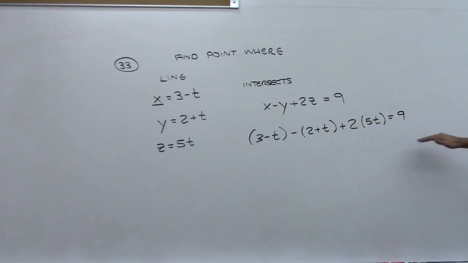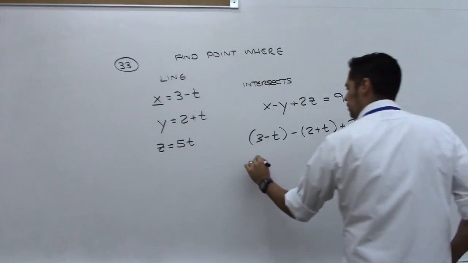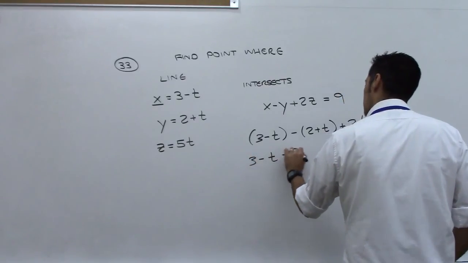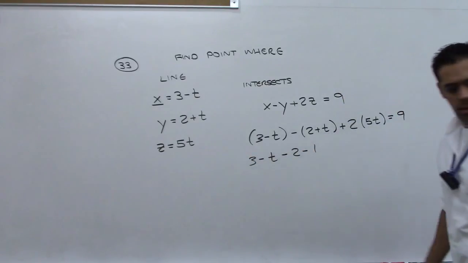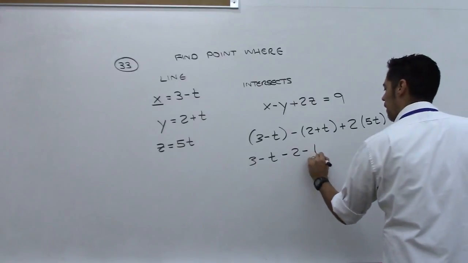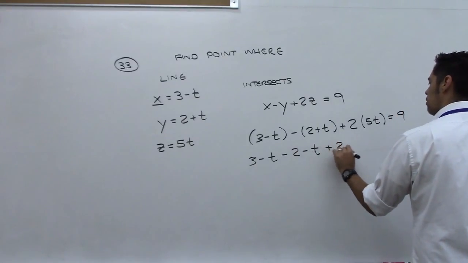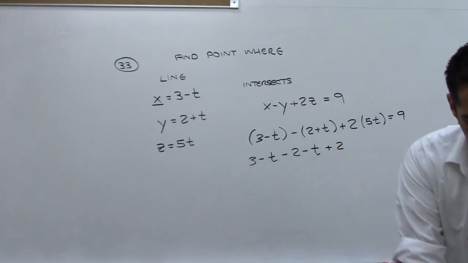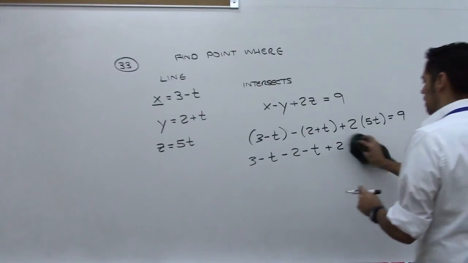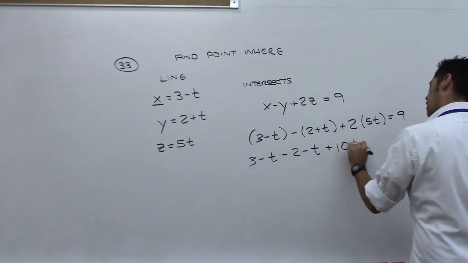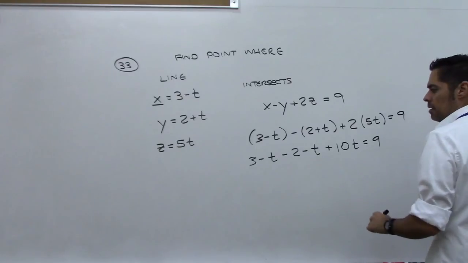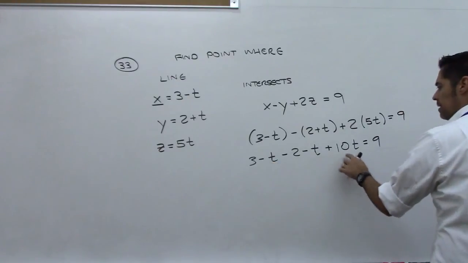And what that'll allow me to do is solve for the variable t. 3 minus t minus 2 minus t plus 10t equals 9. So how many t's do I have here? 8 t's.